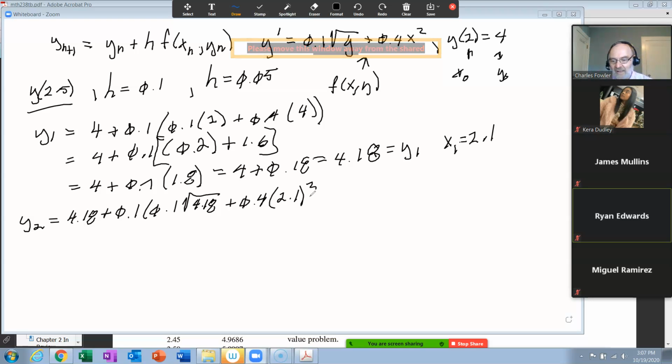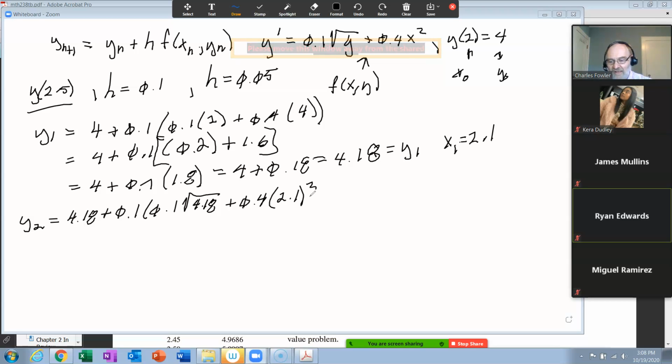Okay, plus 0.1 times open parentheses. Okay, 0.1 times, now on this calculator I have to do the 4.18 before I take the square root. So 4.18, take a square root of that. That's why I need it in this mode.